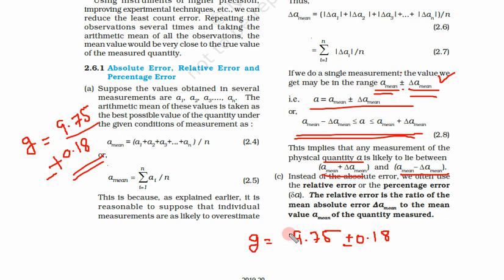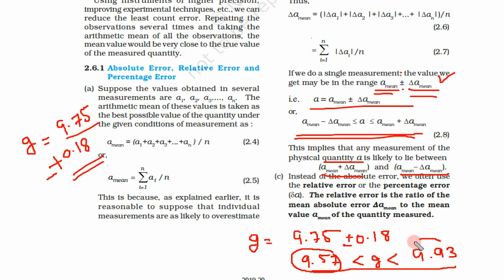That means the minimum value of g could be 9.57, so we just reduce this, and if we add this quantity we get 9.93. So the value of g lies between 9.57 and 9.93. First we subtract this average error from the average value. Next we add this average error to the average value, and we say that the value lies somewhere in between these two values. This is the meaning of this line.